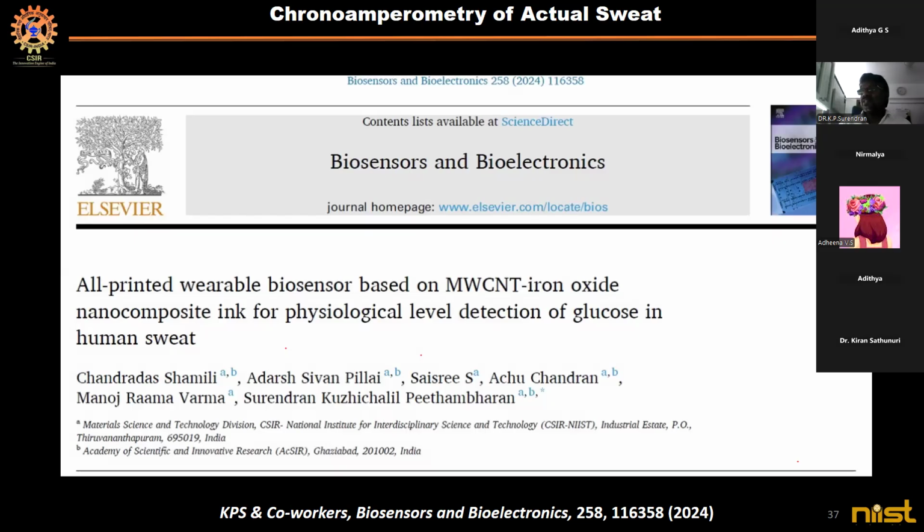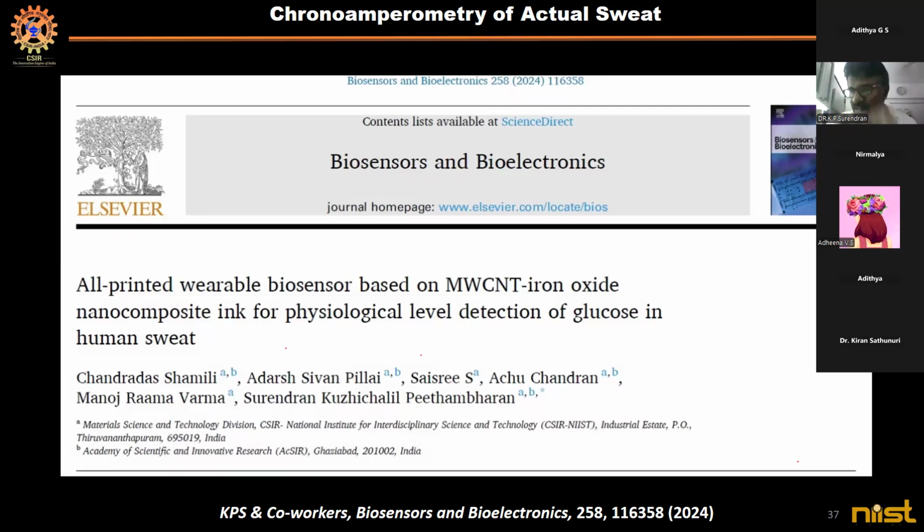That RFID will send the information down to a base station where a doctor is sitting. So while you are working out, your body's actual glucose level variation can be correctly and accurately identified. So that was the idea, and that is what we have got.